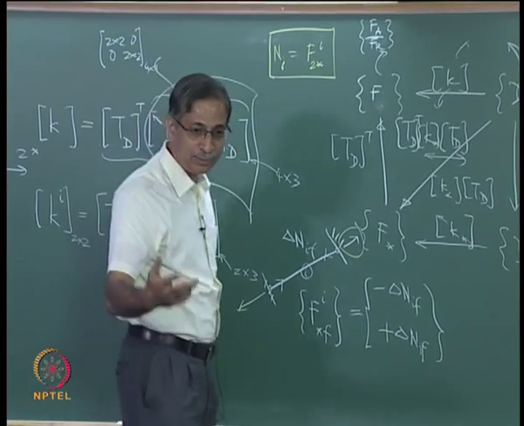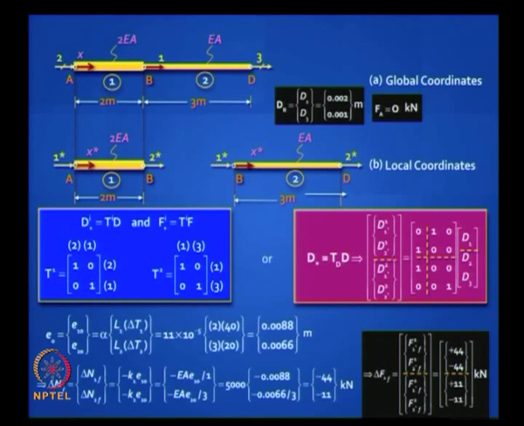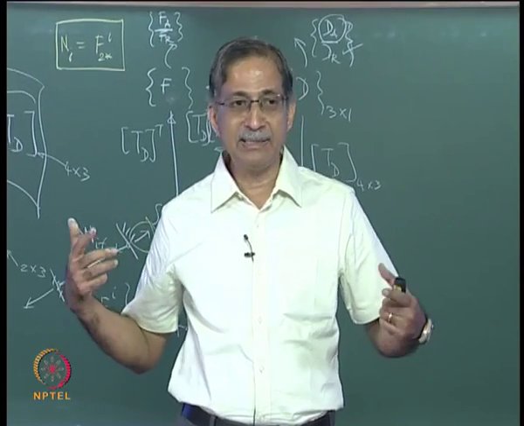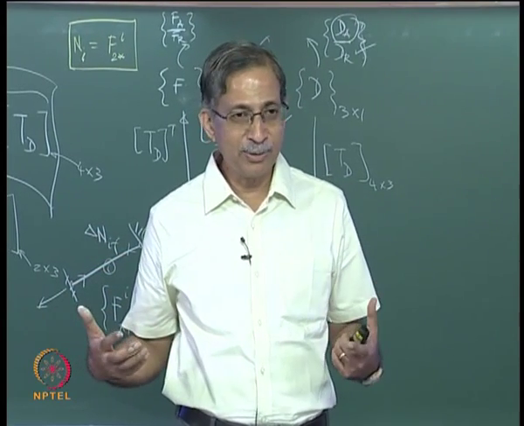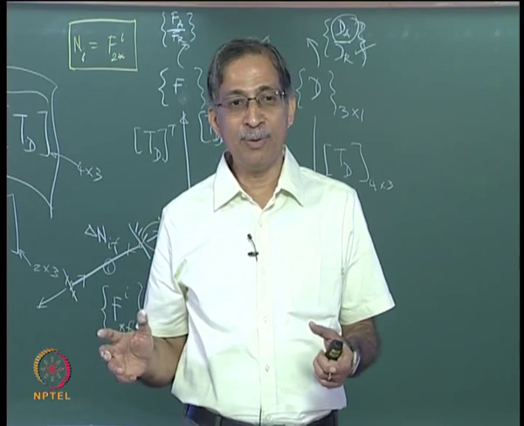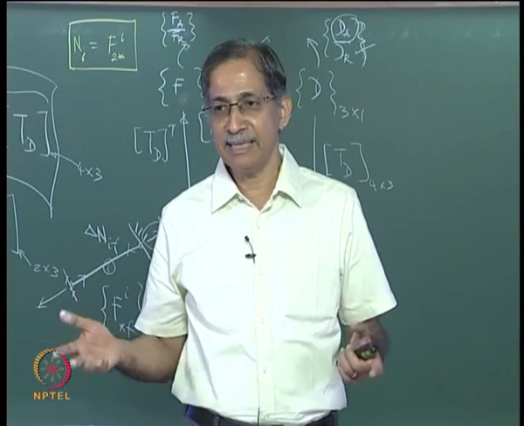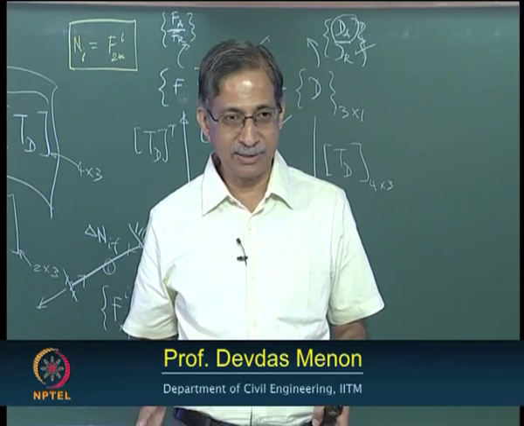So here 2 star is minus, that means the axial force is negative, is this clear? So the first element has an internal force of 44 kilonewton, the second has 11 kilonewton, and both are compressive. This is before you started the analysis, that is, this is the kinematically determinate primary structure.